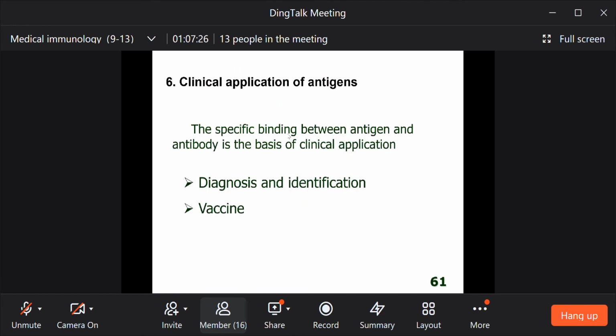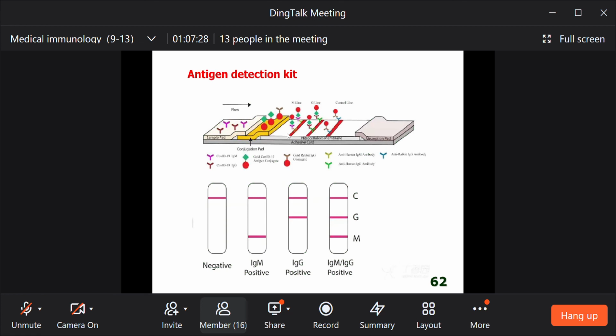and identification. Shown here is an antigen kit, and I will briefly introduce the method.